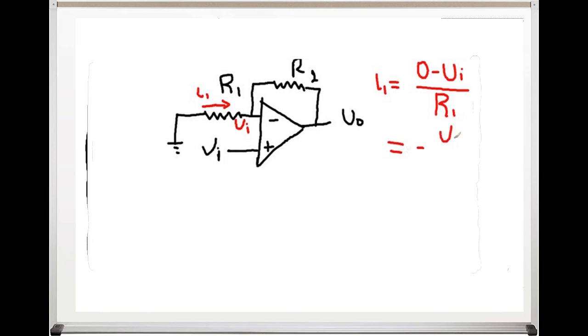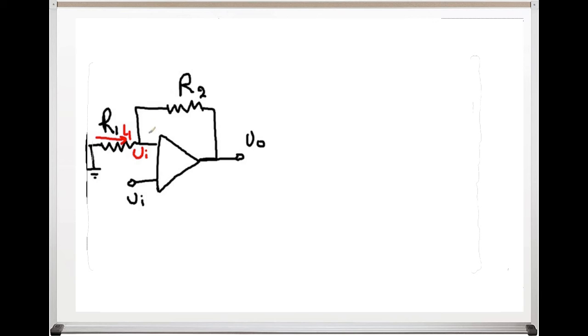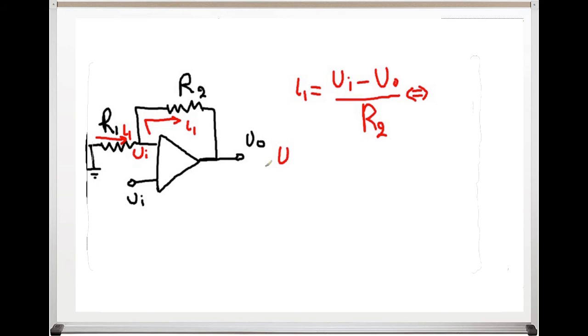Given that the input impedance of the op-amp is infinite, the same current that flows through the resistance R1 flows through the resistance R2. By applying once again Ohm's law, this current, I1, is V in minus V out divided by R2.